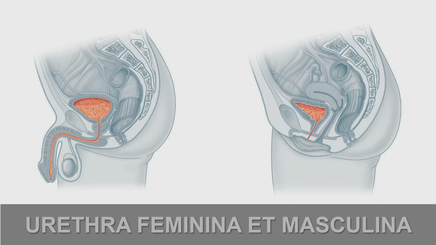Those are the differences. Male, Z-like, with prostate, pelvic floor, penile part. Again here, this is the pelvic floor and outside. Very short.